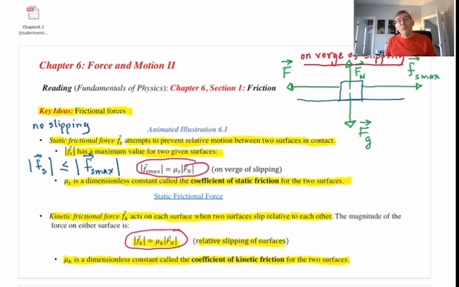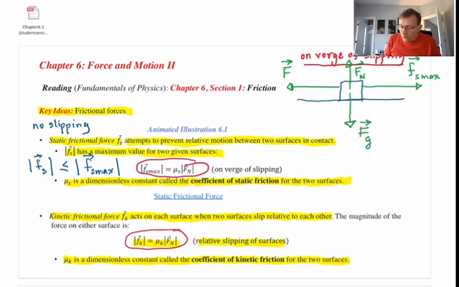So that's the formula we'll use to calculate the magnitude of the frictional force when the surfaces slide relative to each other. And some of the things we'll have to practice with is figuring out, if it's not told to us in the problem, whether two surfaces are slipping relative to each other or not. Turns out we have all the physics we need on this slide to do that, but it takes practice to see how you do it.